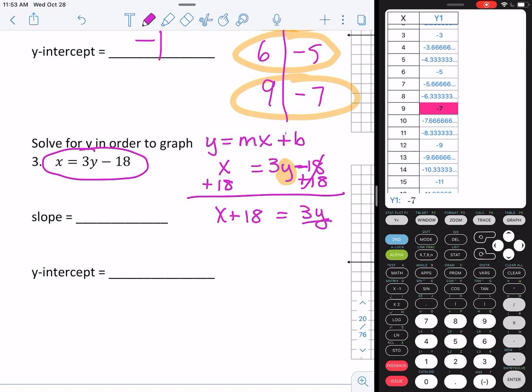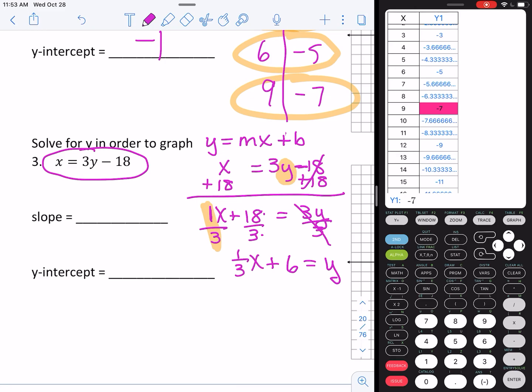And I'm going to divide by 3, and I have to divide every term by 3. Okay, so now my y's alone there. 18 divided by 3 is 6. So I'll have that plus sign. And then this x over 3, that's really a 1x, so that's kind of like 1/3 x.